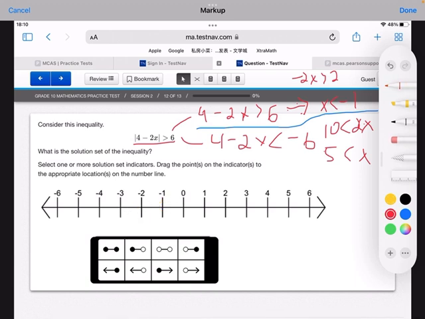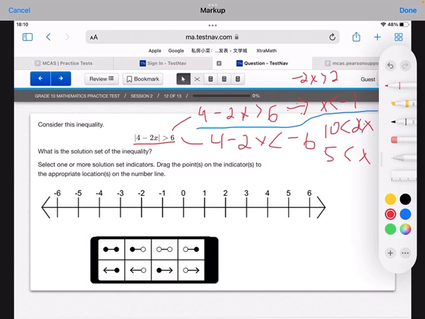Now we have to check to see if your answer is extraneous. Sometimes with these absolute value ones, with the whole changing the sign and everything, you solve for answers that cannot possibly make sense. So the way I like to check is I just take a value from here. If we plug in negative 3, let's see if it works. 4 minus 2 negative 3s is 4 plus 6.